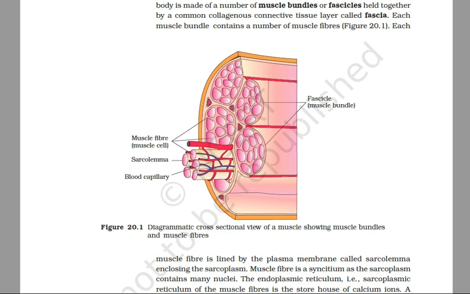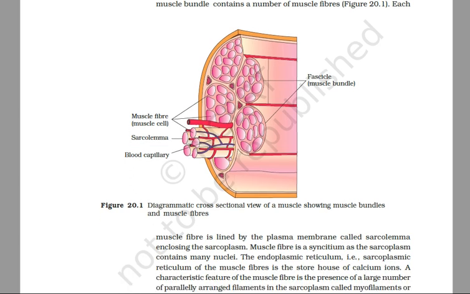The myocyte or the muscle cell internally contains many mitochondria for the quick supply of energy. Each myofiber internally contains long parallel running myofibrils which are suspended in the sarcoplasm.